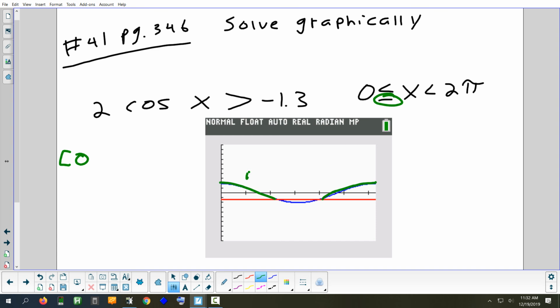So we call this interval 1. Interval 1 is from 0 up to. Now, I'm going to have to figure out what that is. How am I going to figure this out?